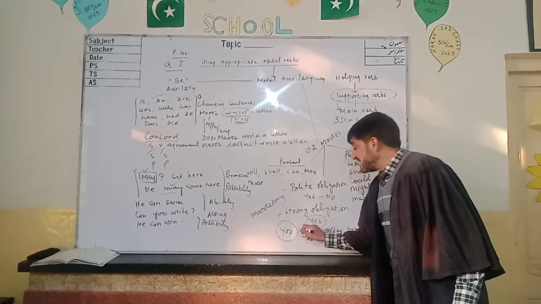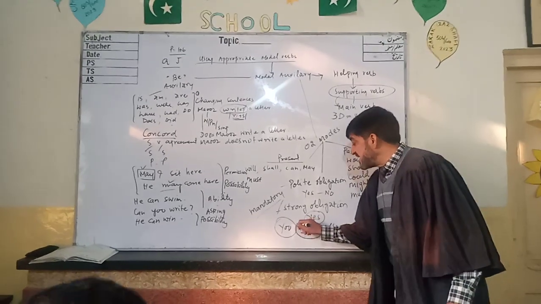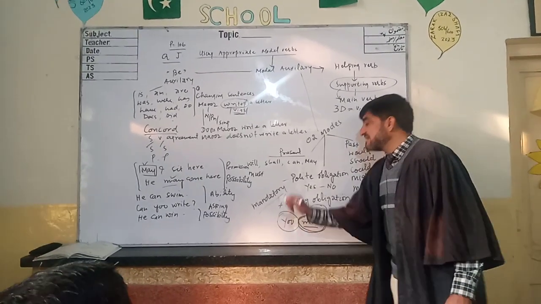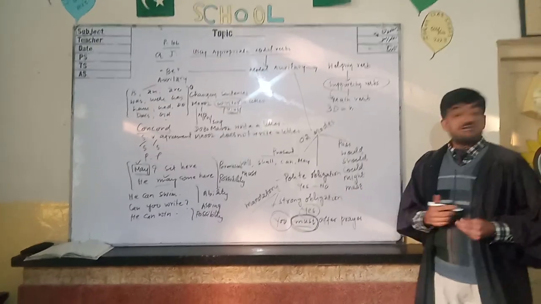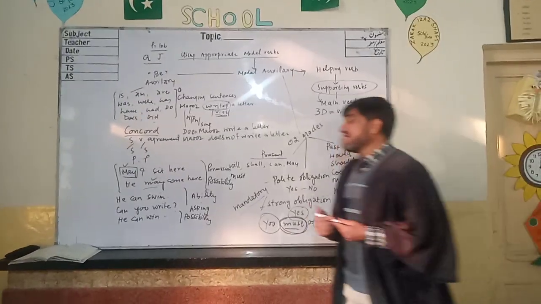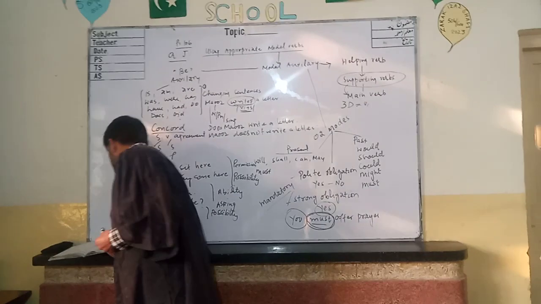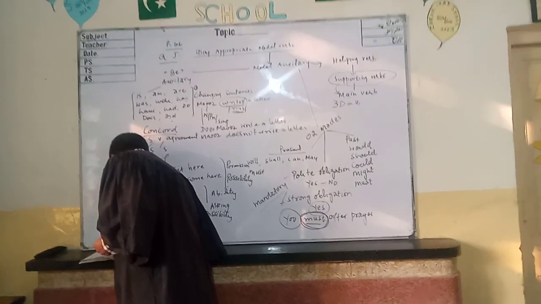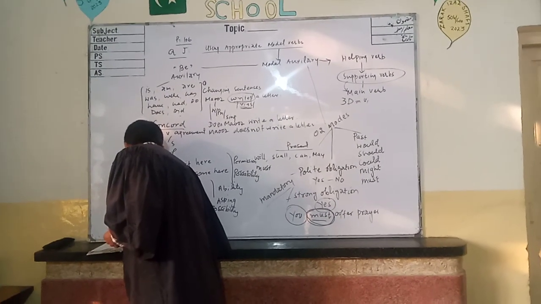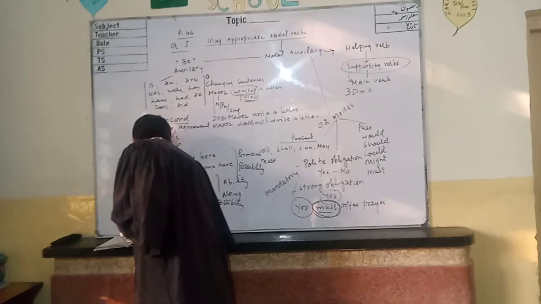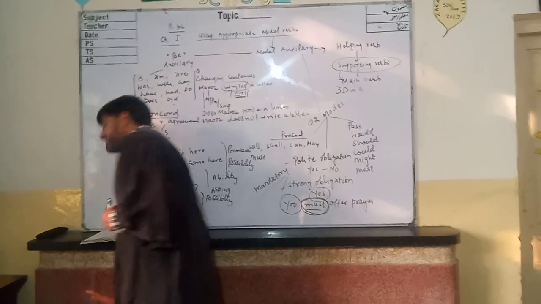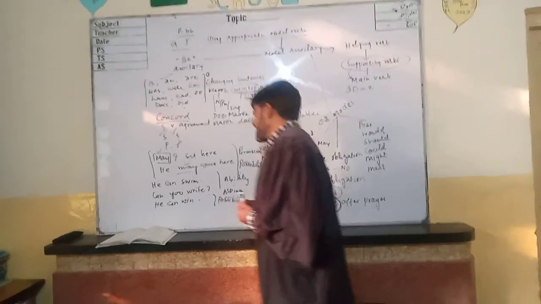So this one is called strong modal auxiliary and it is also known as mandatory modal auxiliary. So in your book, if you study on page number 106, you really dash watch TV this much. You really watch.